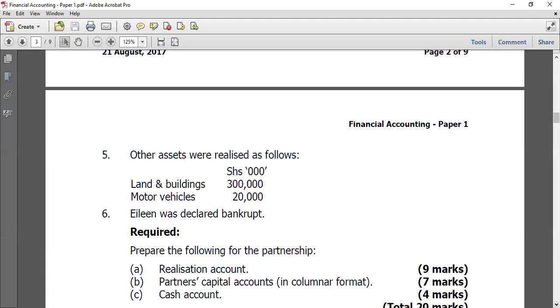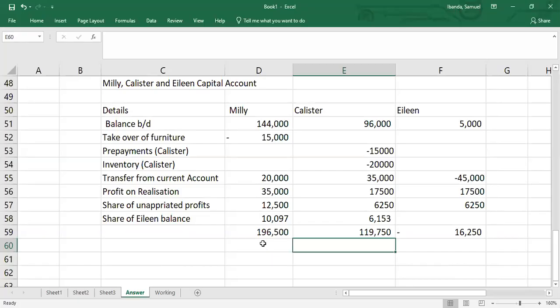The last questions that we've seen for partnerships have all come with just doing the double entry, preparing the P&L, preparing the current account, preparing the appropriation account, and so on. So this question has taken a little long. Make sure that you find out the right thing to use.